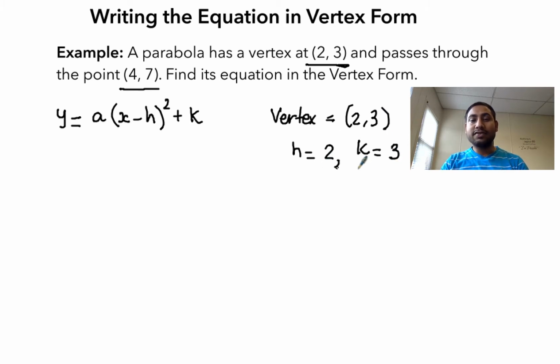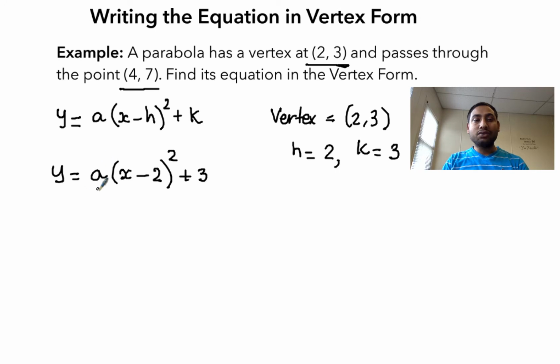If I plug in these values of h and k, my equation is going to look like y equals a times (x minus 2) squared plus 3. So this is what the equation is going to look like in vertex form, but we still need to know the value of a.